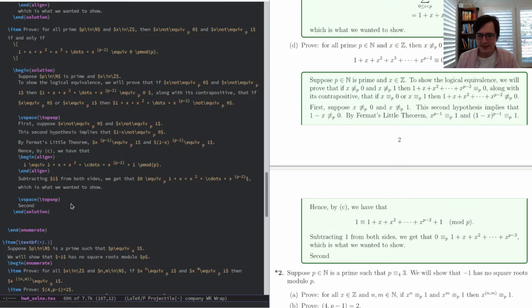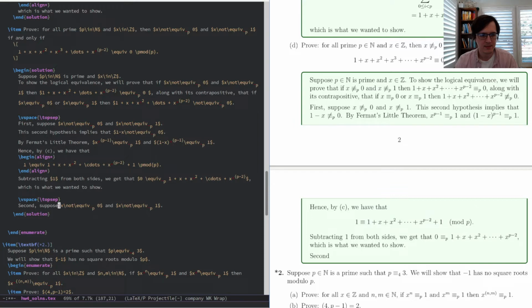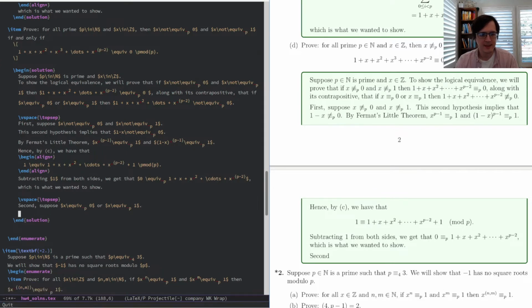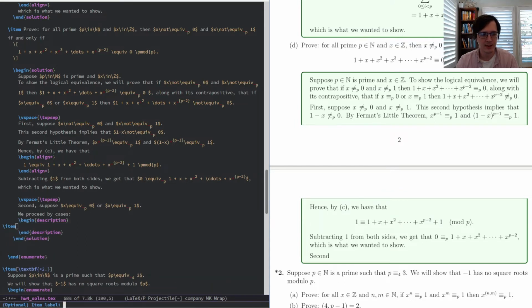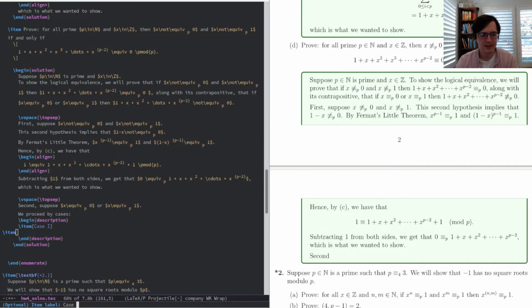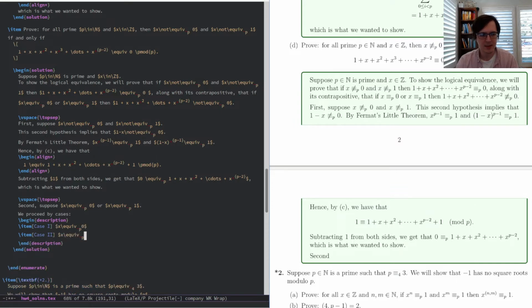Okay, so second, suppose that one of them is 0. And let's do it by cases. So case 1, case 2: x is equivalent mod p to 0, x is equivalent mod p to 1.